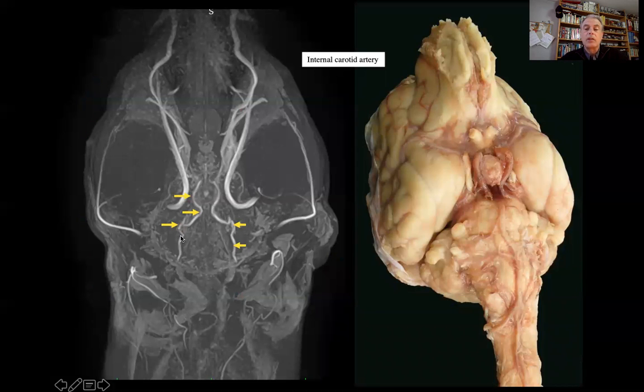This angiography shows us the internal carotid artery, which at this point is traveling through the carotid canal. Here at this arrow we have the carotid foramen. It makes a loop, receives the ascending pharyngeal artery, and then goes back inside the cranial cavity and reaches the Circulus Arteriosus Cerebri.